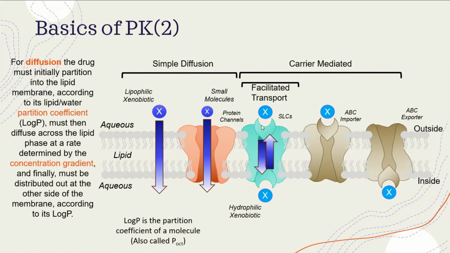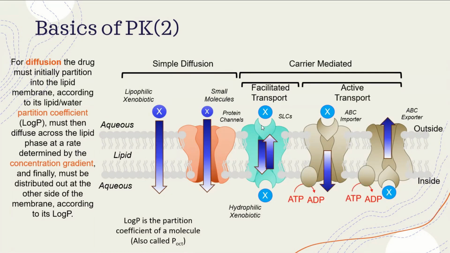A similar type of carrier-mediated process for water-soluble drugs are active transport systems that are unidirectional. So these are active pumps that are able to take drugs into the cell or to pump them out. In order to be able to go against a concentration gradient, it requires cellular energy, or ATP.